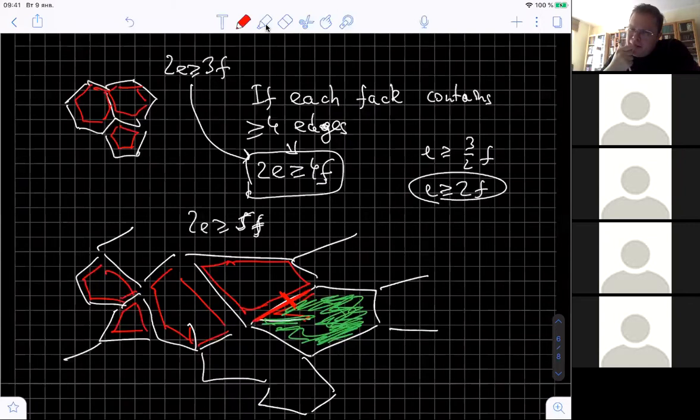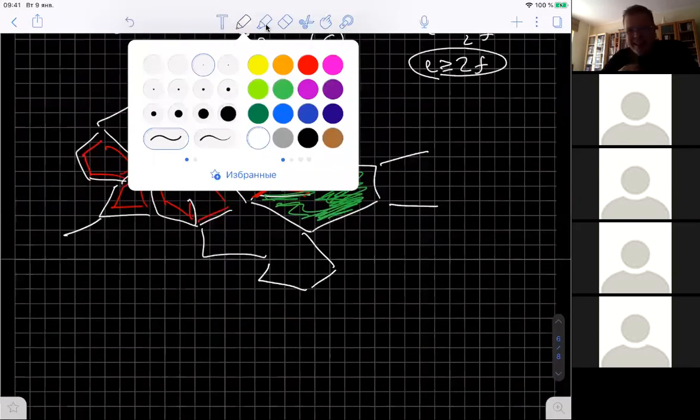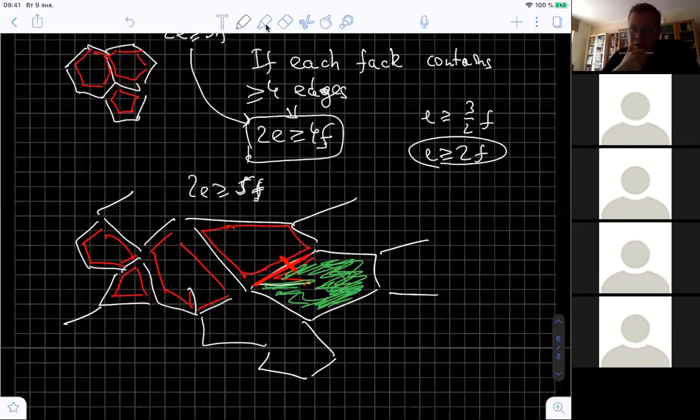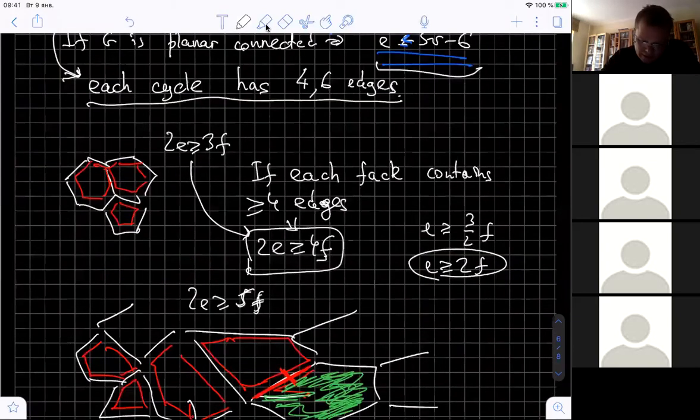Okay, so I think it would be easier with the small diagram you drew on the top left. So I have four faces: one big face and three small.